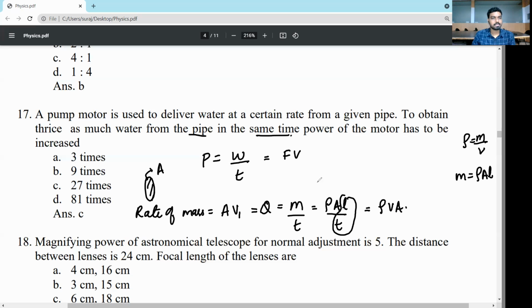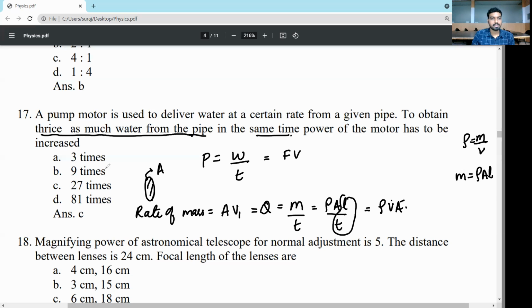So now what they are saying here, to obtain thrice as much water from the pipe, mass is thrice as much. V is velocity. A is obviously A. Same time, power of the motor has to increase. See, if mass is thrice, that means velocity should also be increased, right?